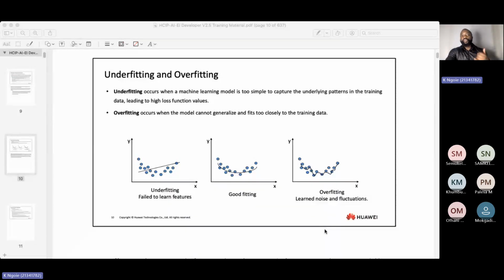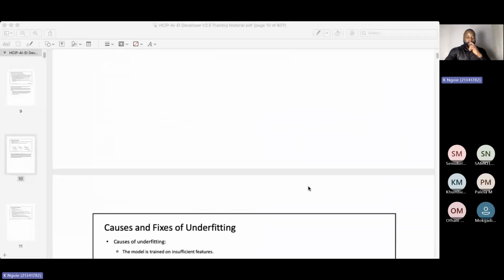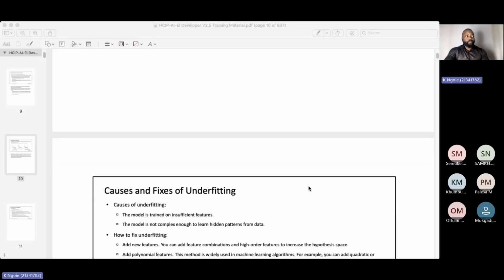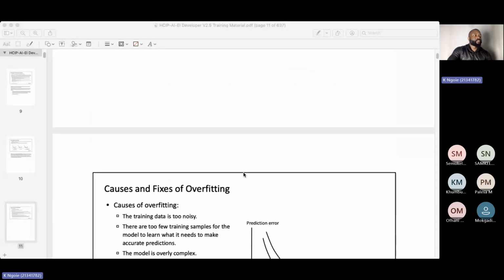So when you look at this type of data that you've used in this case, you did not provide enough features. So that is a cause of underfitting, because your model is trained on insufficient features. Okay, so in this case, we're going to have an underfitting problem. To fix it, we need to add more features.